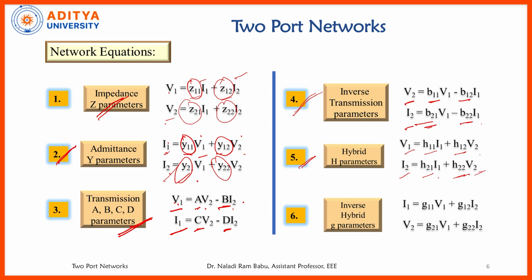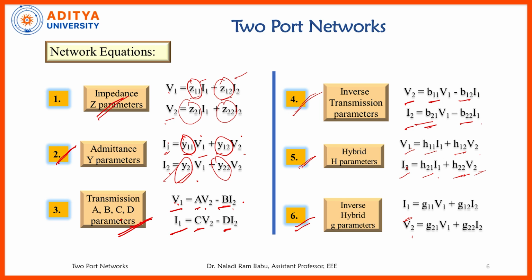Okay. Now the final one is inverse hybrid parameters. Inverse hybrid parameters are the opposite of hybrid, in the same way that inverse transmission is the opposite of ABCD. So where hybrid has V1, here it is V2, and where it has I2, here it is I1. Therefore it starts with I1.